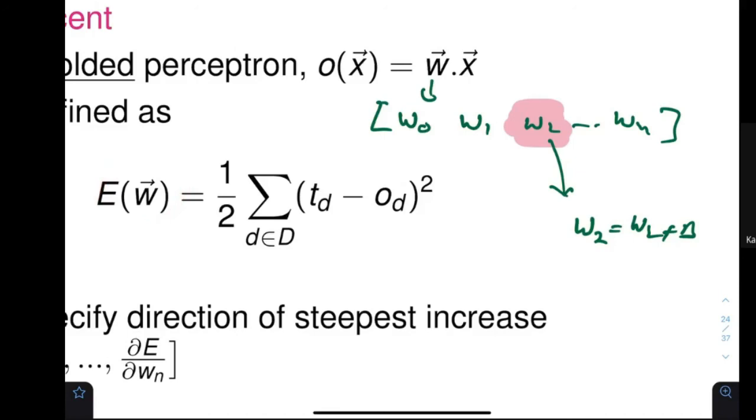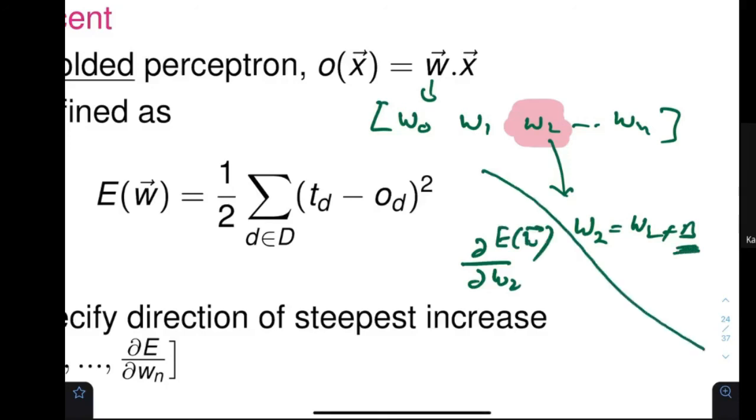So if we can find out del upon del w2 of this error quantity, we can utilize it. If it is positive, what does it mean? By adding this thing, your error is increasing, so it would be nice to subtract that quantity.